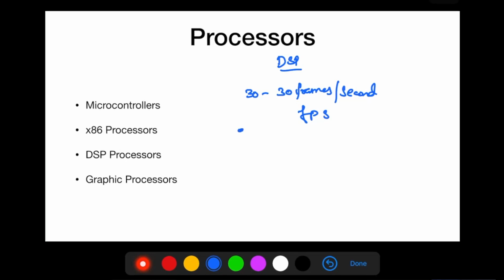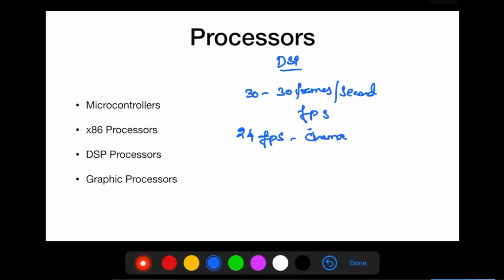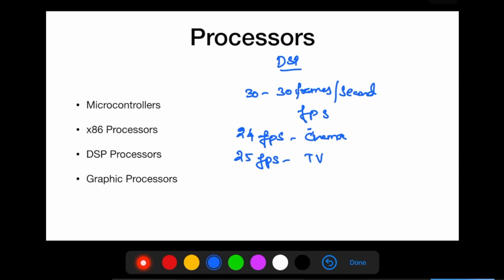As people have said from the beginning, 24 FPS is mainly for cinema. If you are watching a movie in a theater, they generally use 24 frames per second, and 25 frames per second usually for television. So in TV, they rely on 25 frames per second. 29.97 and 30 will generally be for your mobile phones.